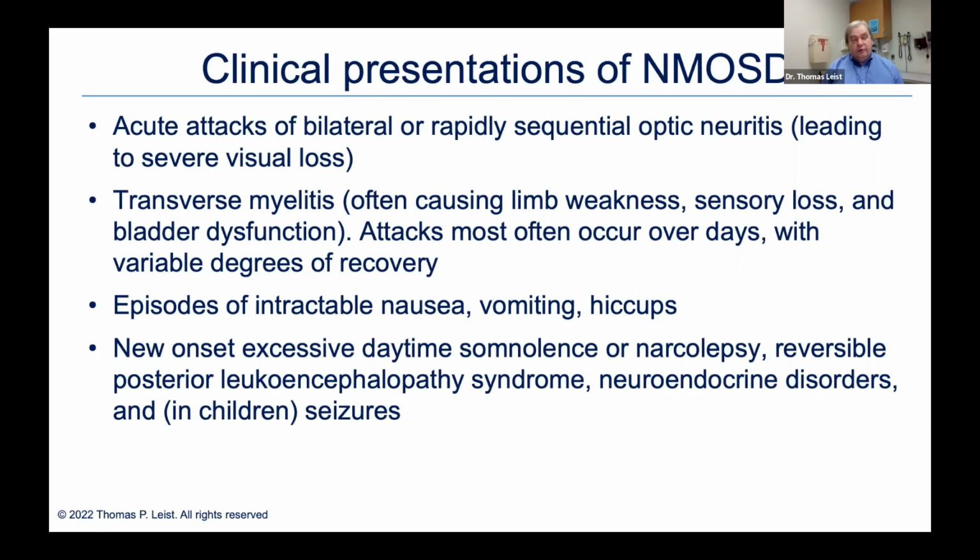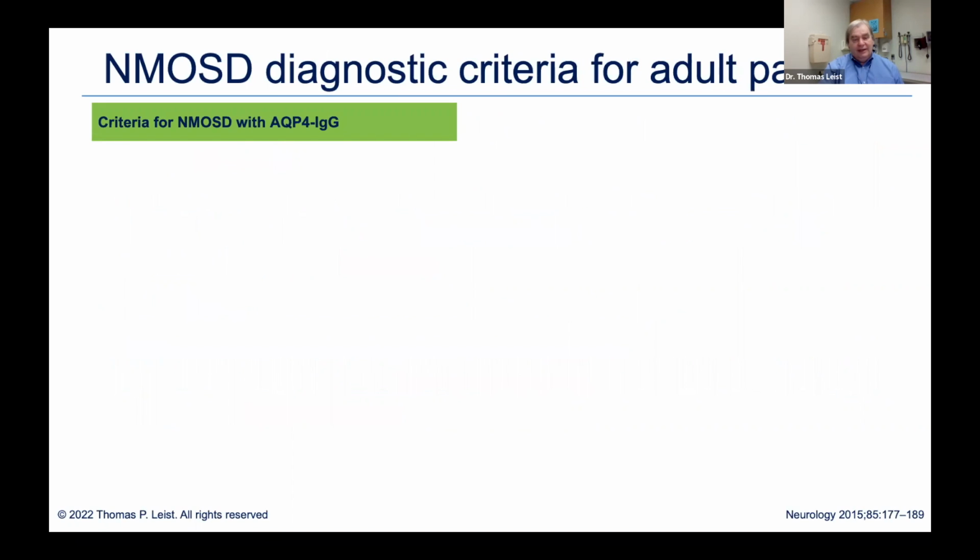Or it can also present as a condition where the person has somnolence and narcolepsy with involvement of the brain on MRI. This is called the diencephalic syndrome. So there are different presentations that neuromyelitis optica can take.